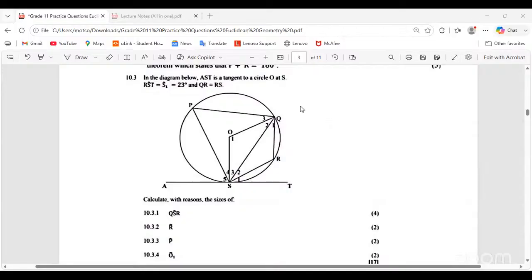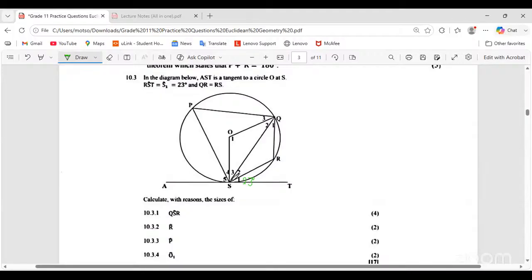The statement says, in the diagram below, AST is a tangent to the circle with the center O. It touches the circle at S. Angle RST, which is angle S1, is equal to 23 degrees.